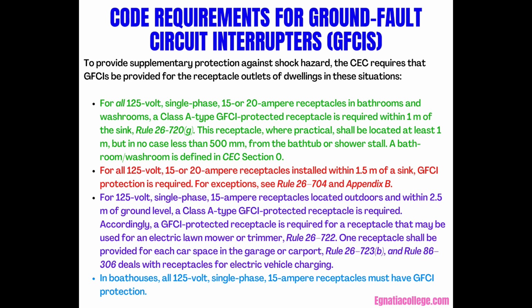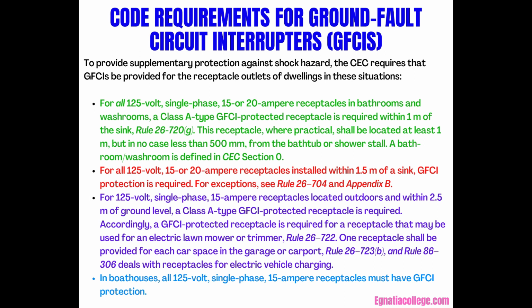A Class A type GFCI protected receptacle is required within 1 meter of the sink, Rule 26-720. This receptacle, where practical, shall be located at least 1 meter, but in no case less than 500 mm, from the bathtub or shower stall.